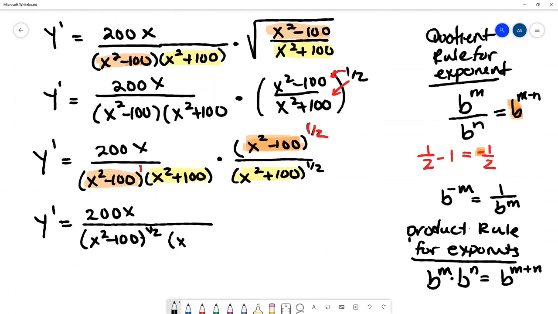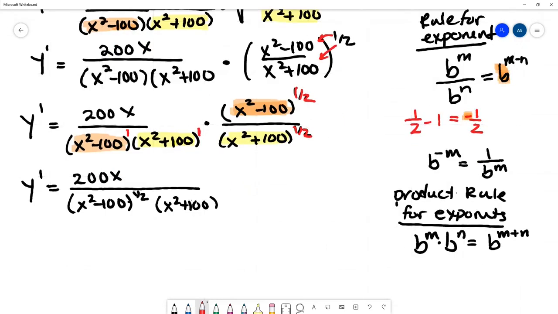When you multiply with the same base, you're going to add the exponents, m plus n. So for our new base, x squared plus 100, we're going to have the same base of x squared plus 100, but we're going to change the exponent. So we have an exponent of 1 and an exponent of 1/2. So 1 plus 1/2 is going to be 3/2.